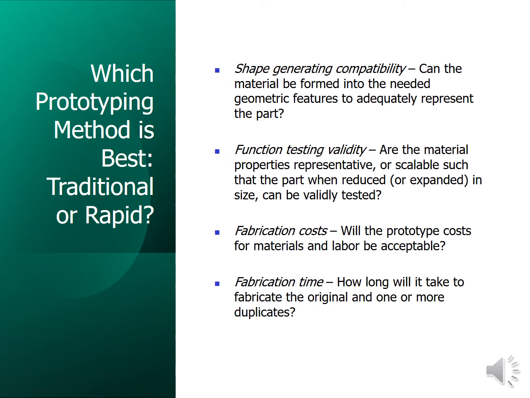Verification cost: can the prototype cost for material and labor be accepted? The cost for some prototypes is very high. Fabrication time: how long will it take to fabricate the original and one or more duplicates?